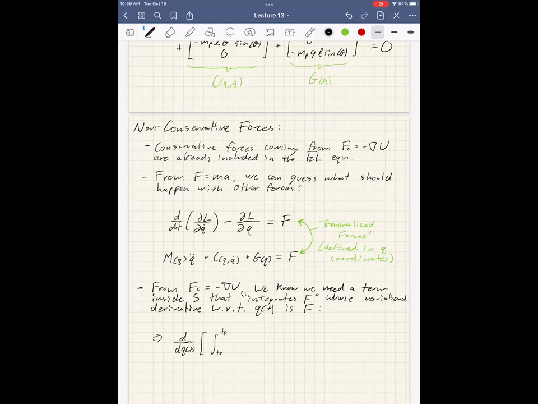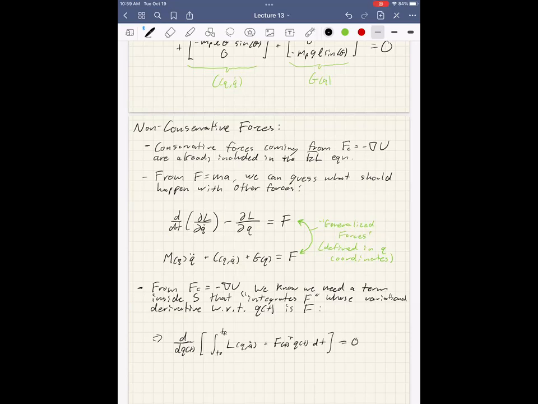We've got our Lagrangian. And then we're going to add this term that's just the external force times q of t. And this thing now has to equal 0.